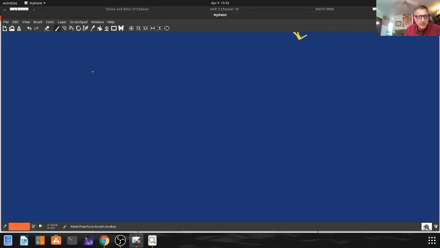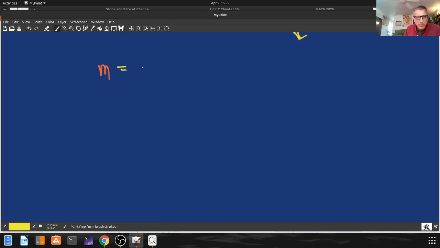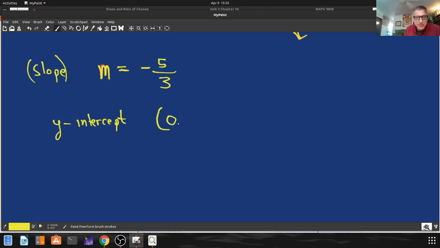In this case, we know that our slope m is equal to minus 5/3. I made it minus on purpose. Remember, m stands for slope. This is our slope. Suppose your y-intercept is... what do we know about the y-intercept? It's a point. So it's not a single number, it's a point, and the x value is always 0.